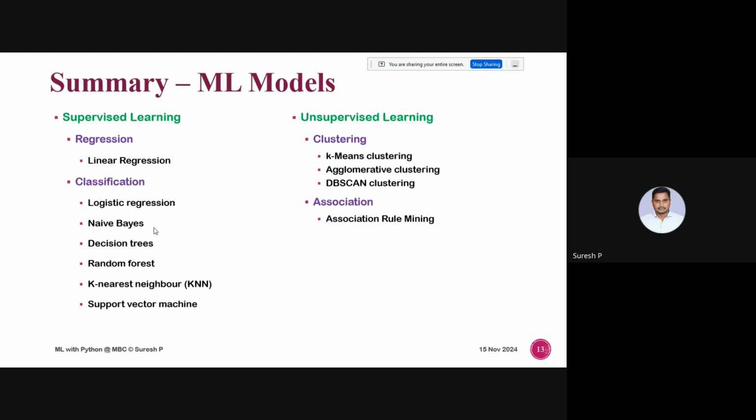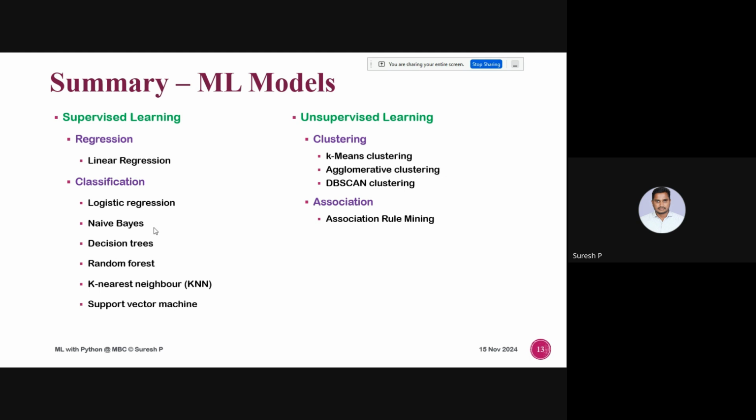Under supervised learning, we have regression and classification. In regression, we have linear regression, which includes simple linear regression and multiple linear regression. Under classification, we have techniques like logistic regression, naive Bayes classification, decision tree, random forest, support vector machine, and KNN. Under unsupervised learning, we have two categories: clustering and association.